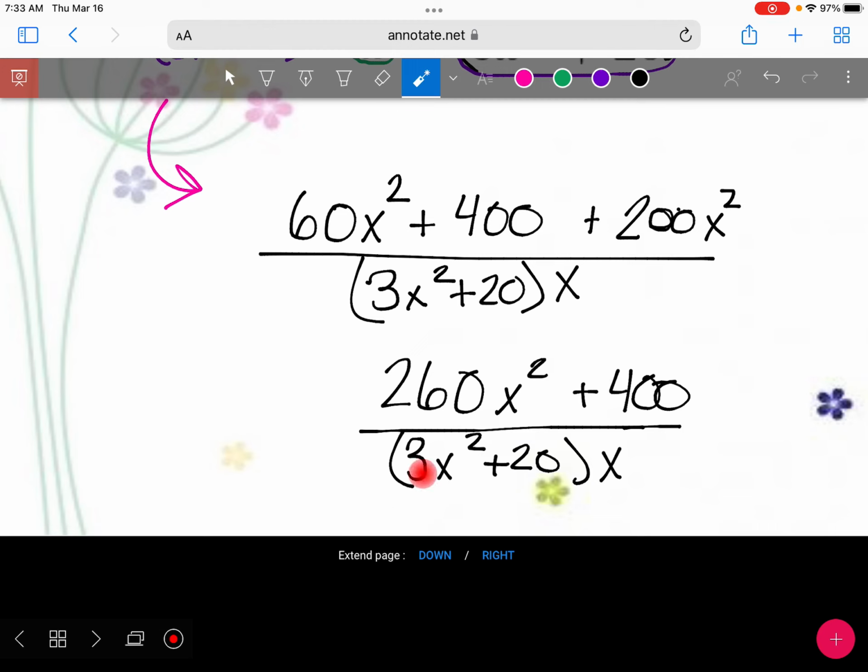Since I have this 3 here, I can't divide by 2. 400 doesn't divide by 3. So that's as low as we can go. If everything had an x, we could cancel out the x, but they don't. So that is fully simplified. Is gross, but it's fully simplified.